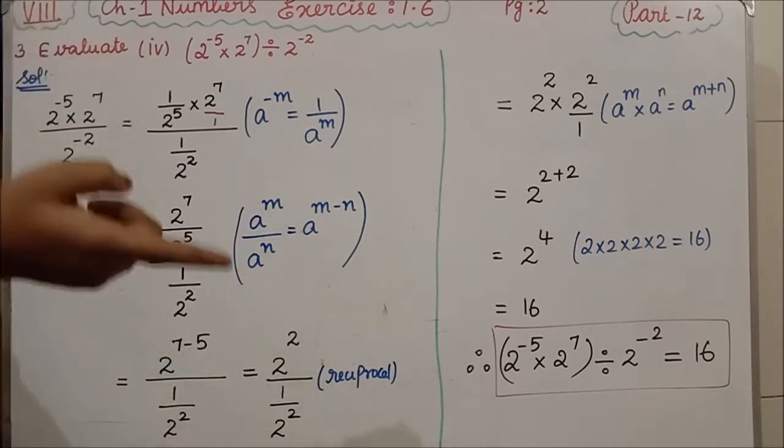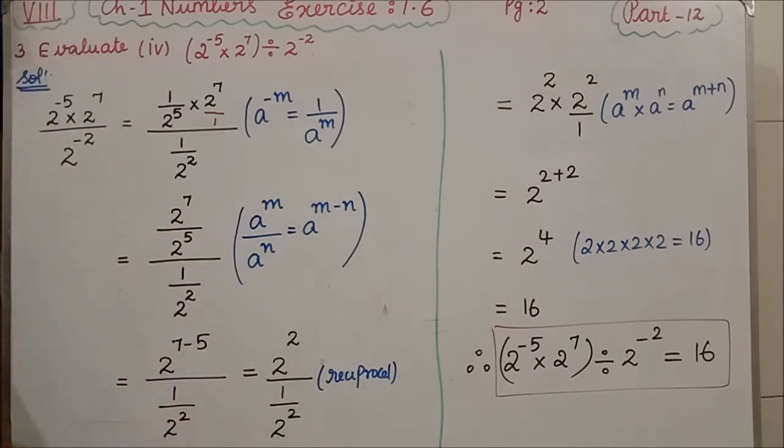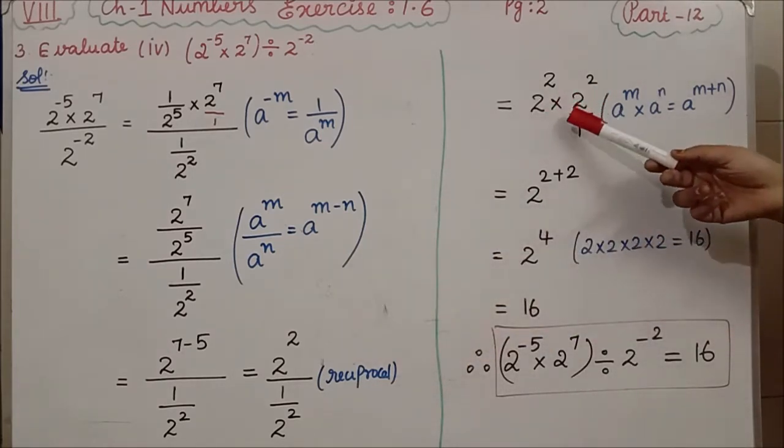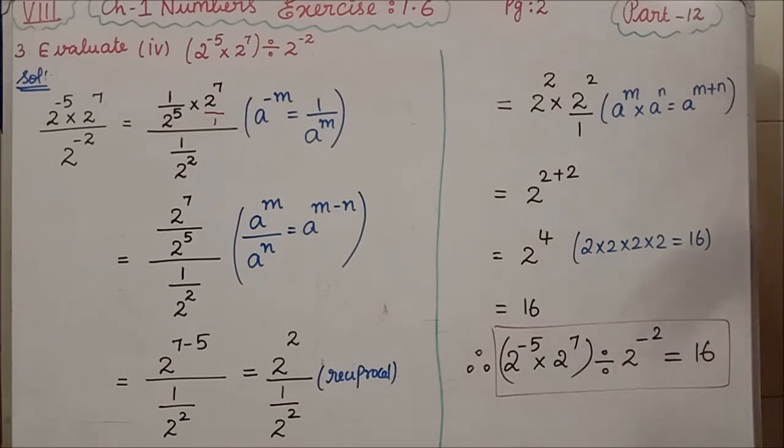The denominator will go to the numerator and the numerator will come to the denominator. That is the reciprocal, isn't it? So 1 divided by 2 square, if you do the reciprocal, we are getting 2 square by 1. The numerator we already have, 2 square into 2 square by 1.